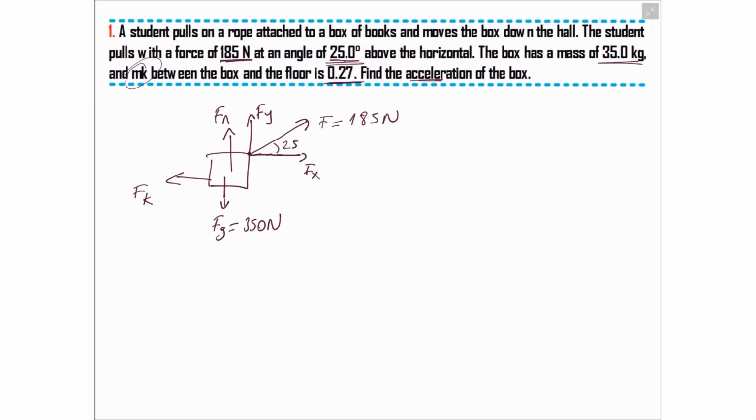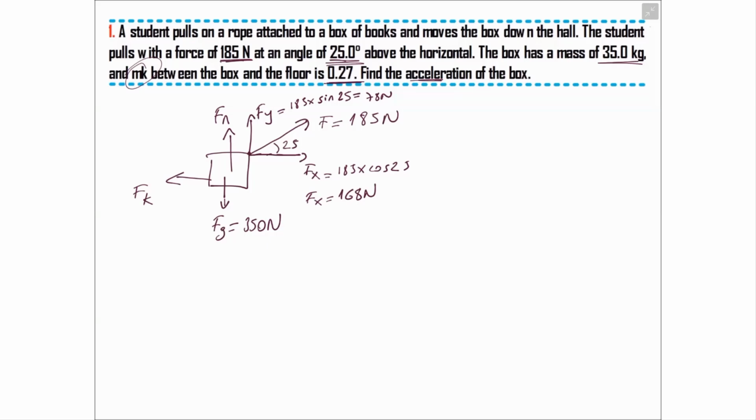Fx is 185 times cosine 25. Fy is 185 times sine 25. So Fy is 78 Newton, Fx is 168 Newton.